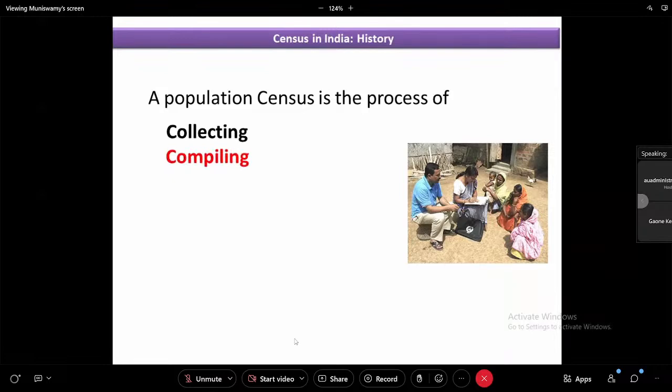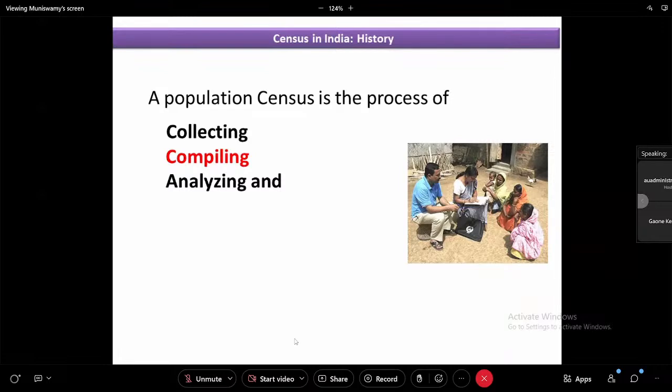The next step is compiling the data. In your investigation, you compile your data. After compiling, analyze the data. Analysis means you are testing your objectives, formulated based on your investigation, that is, your project problem.